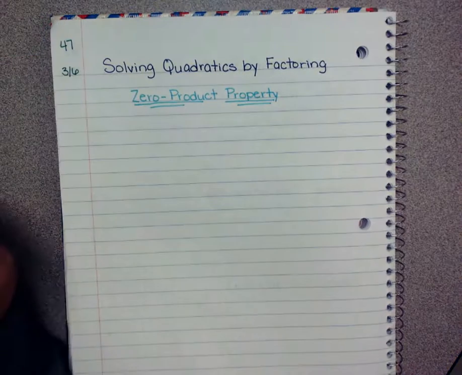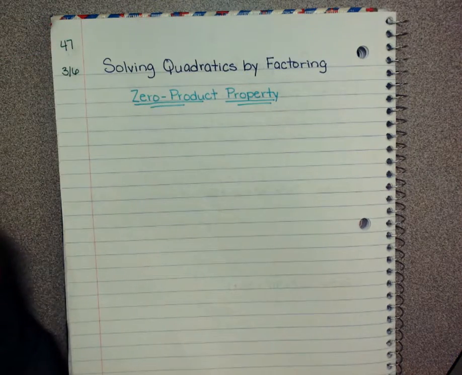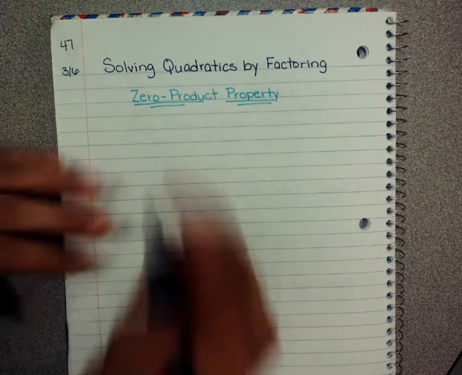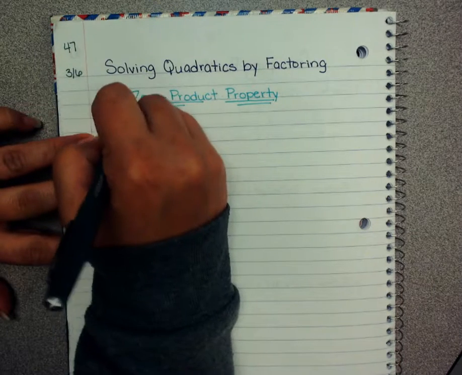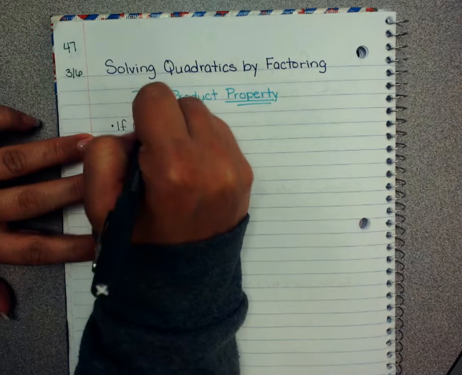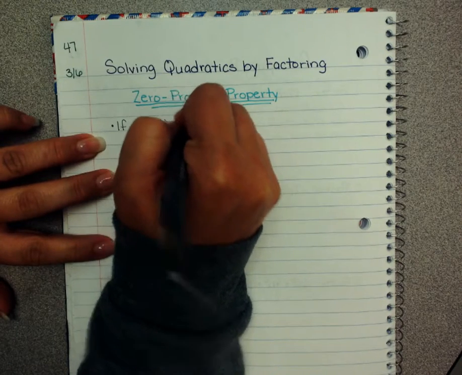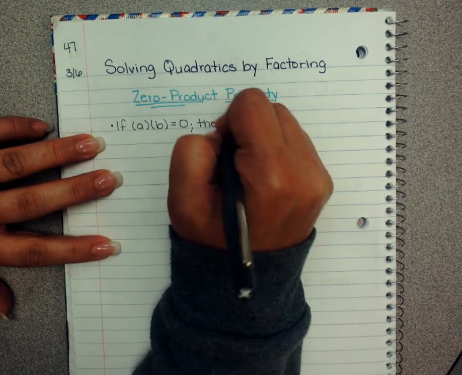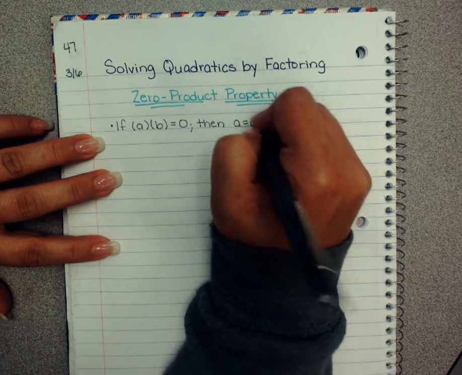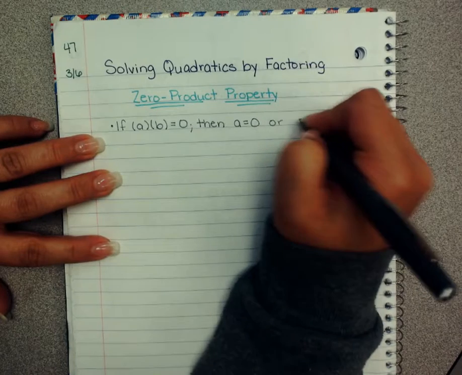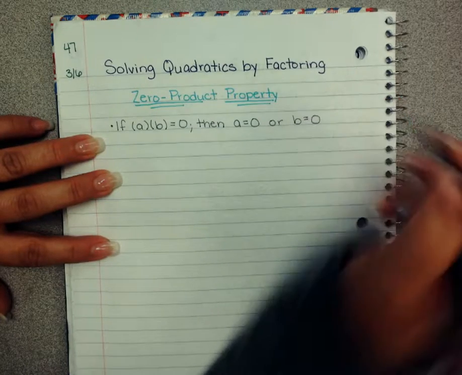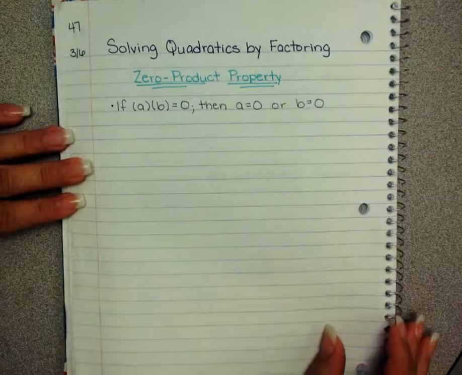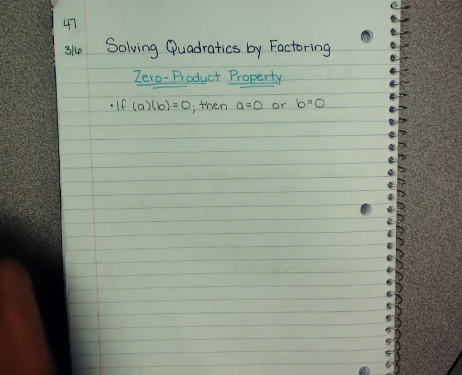Okay. The zero product property basically states if A times B is equal to 0, then A is equal to 0 or B is equal to 0. Okay? So A and B represent our factors.